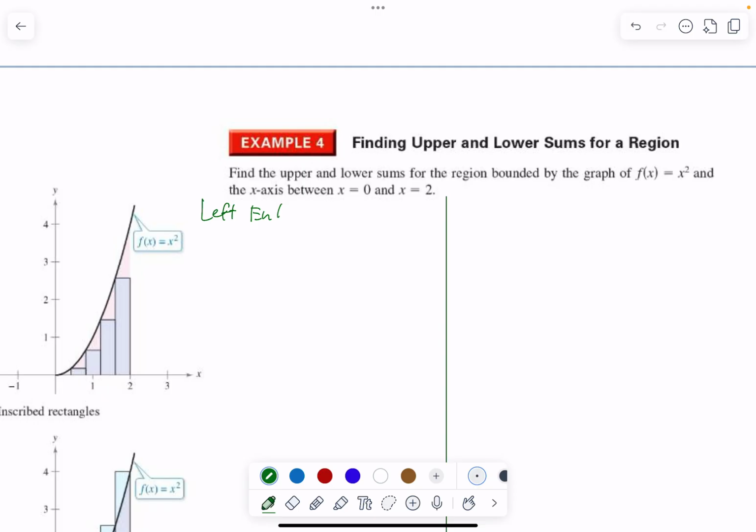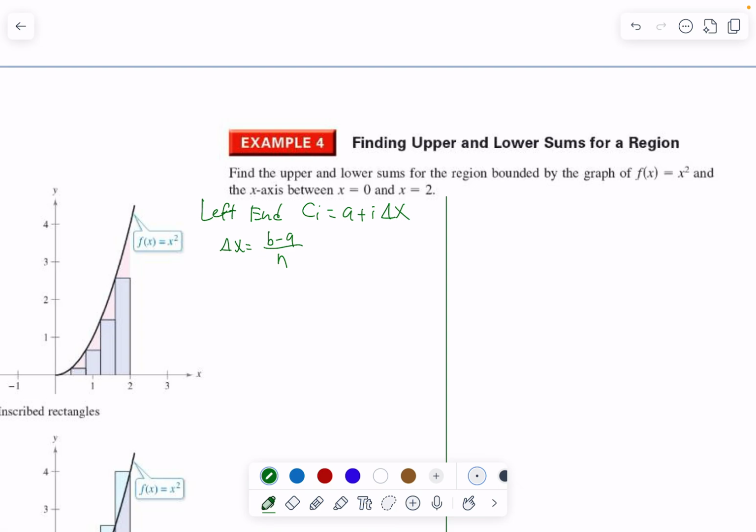The index is what's called where the rectangle hits the function. c sub i is the lower bound plus the index times the width. So the width, delta x, is upper bound minus lower bound divided by n.